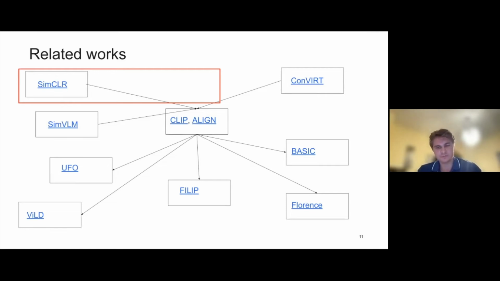But also, let's have a look at some important concepts to gain an intuition about CLIP. So here are some related papers from foundational work to most novel. SimCLR and ConVIRT is kind of foundational work that shaped the general approach to contrastive learning.